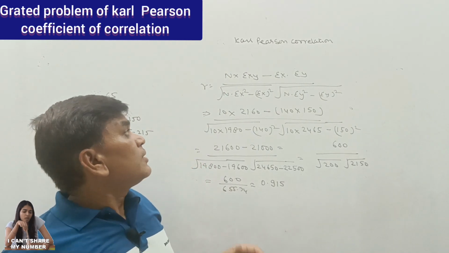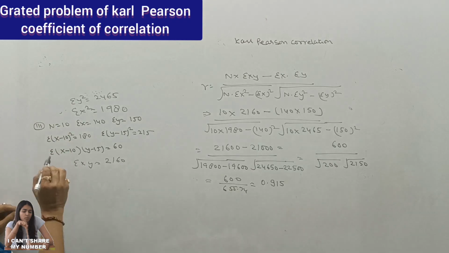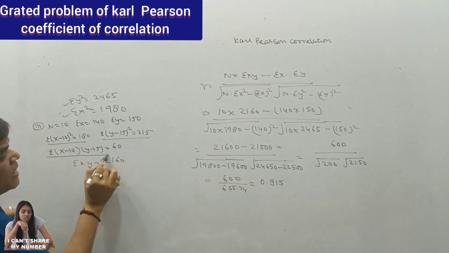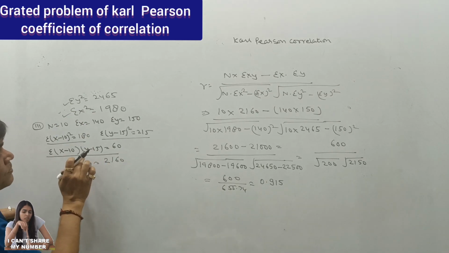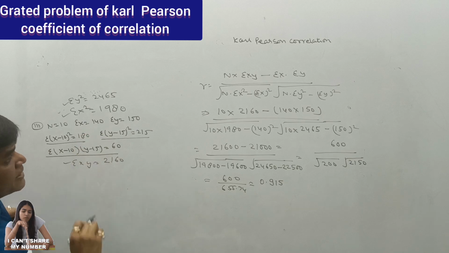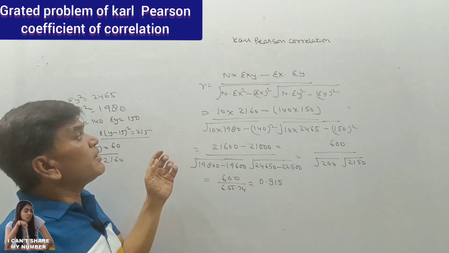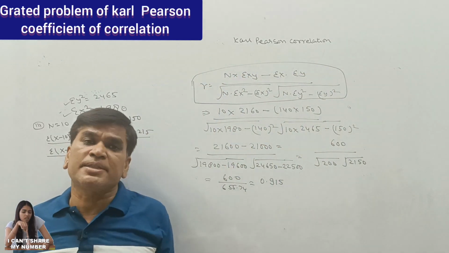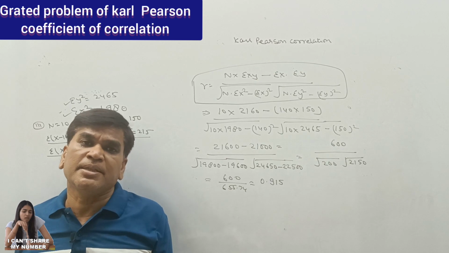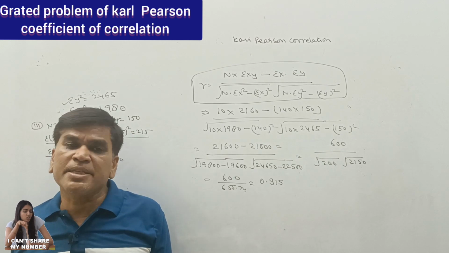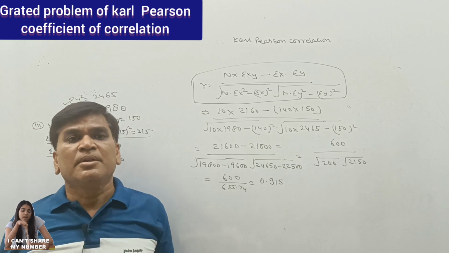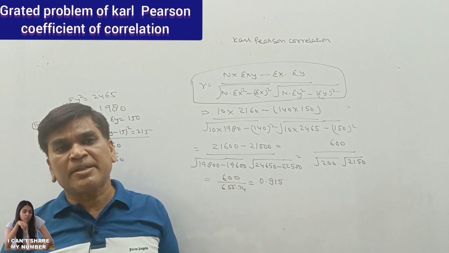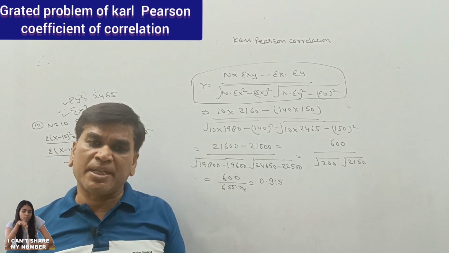So in this video, what we have done, the very first, with the help of this we calculated sigma x square, with the help of this we calculated sigma y square, and by multiplying this we calculated the value of xy, that is this, and getting these results we have used the formula for the direct method of Karl Pearson coefficient of correlation, that is n multiplied by sigma xy minus sigma x multiply sigma y divided by first square root, that is n multiplied by sigma x square minus sigma x raised to power 2, and in second under root n multiplied by sigma y square minus sigma y raised to power 2.